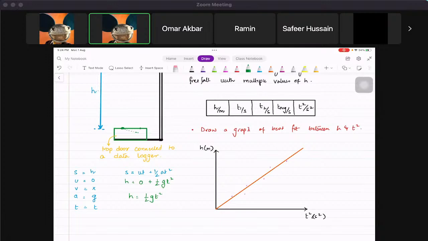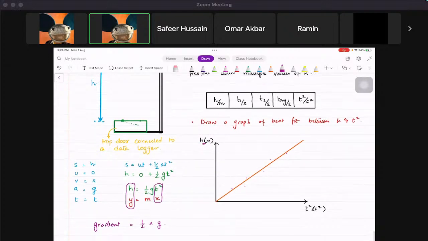If you notice this line, you can compare it with y equals mx, which is an equation of a straight line starting from origin in mathematics. And you can see the h is on the y-axis, just like here. t square is on the x-axis, which means that the gradient of this line would be equal to half times g.